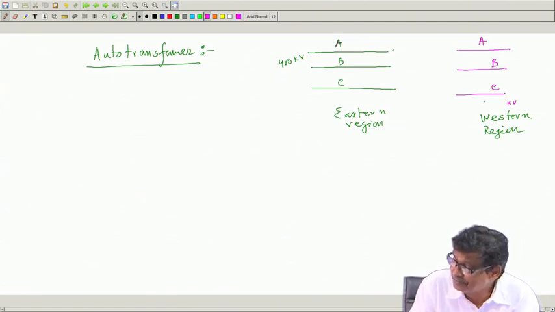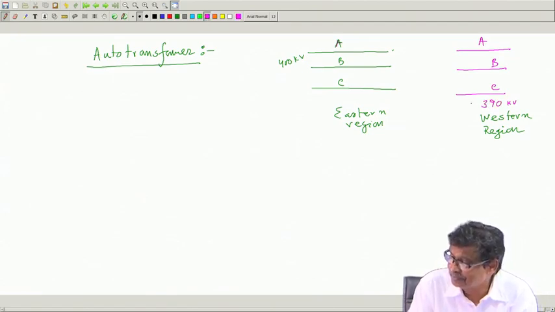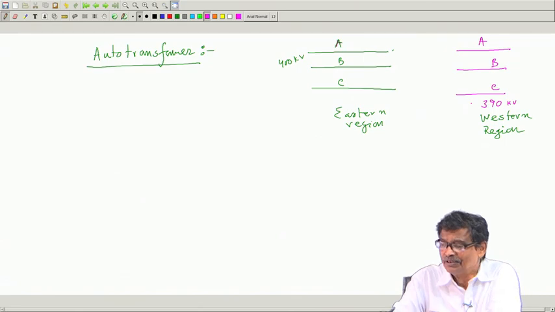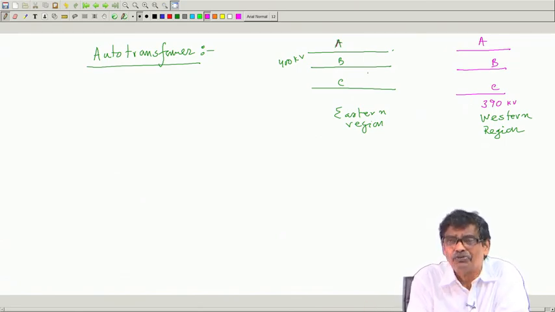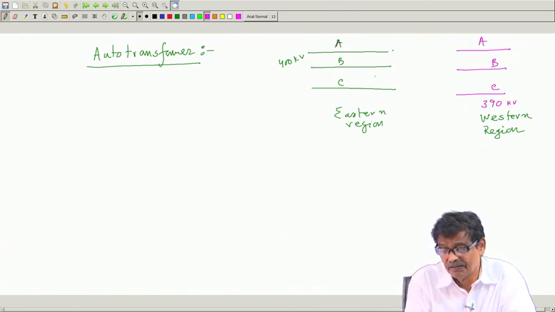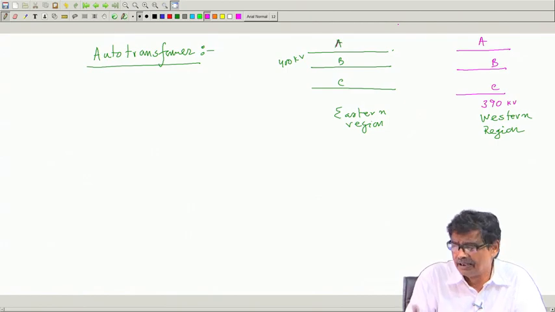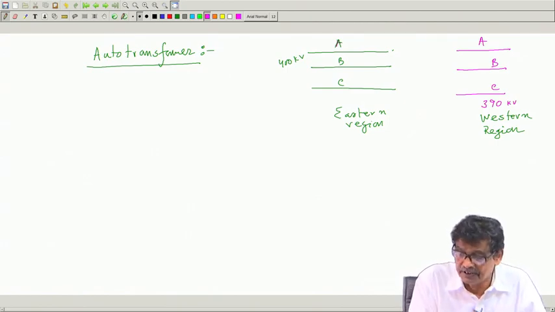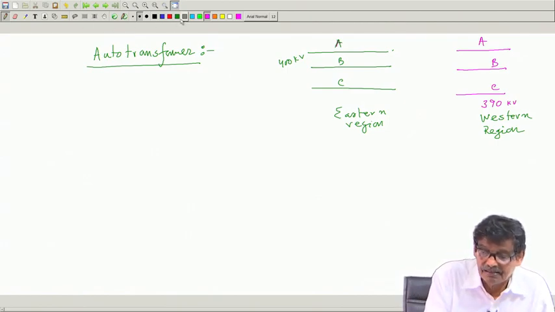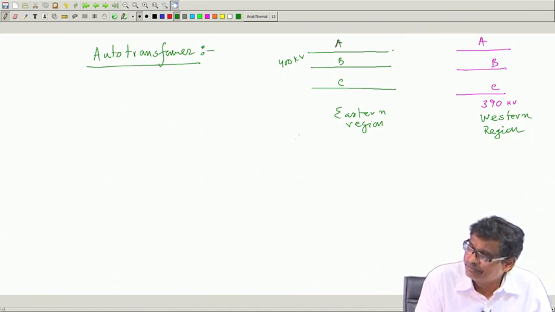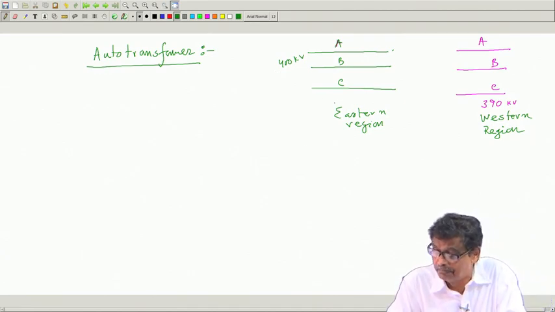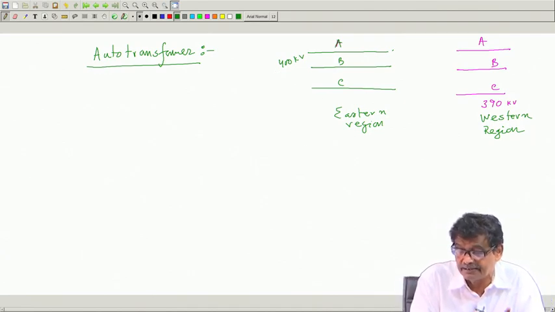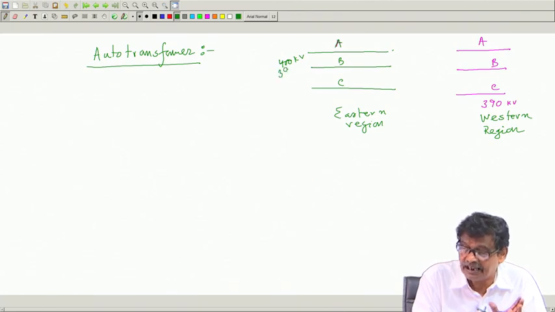Are you getting? Because of loads here also, it is not 400 kV, maybe 402 kV or say 395 kV. Because these systems are loaded, the bus voltages may not exactly match.